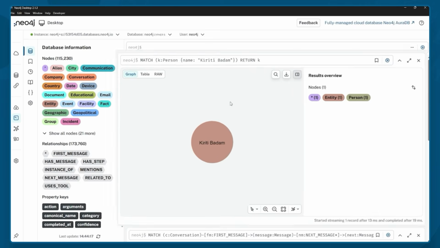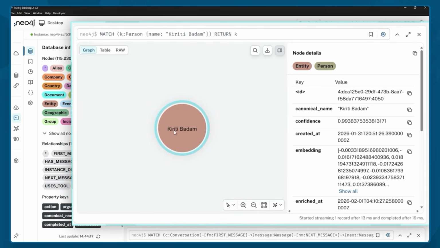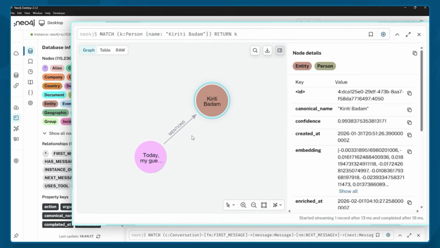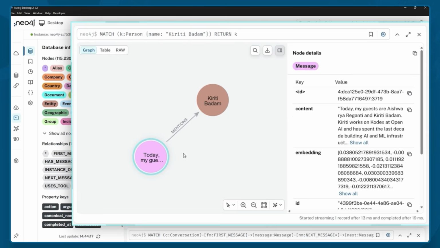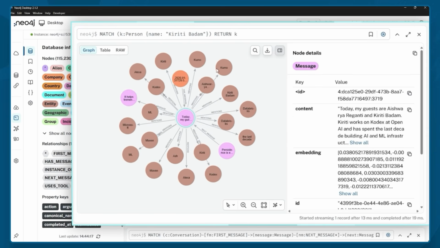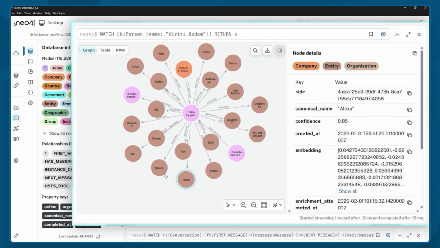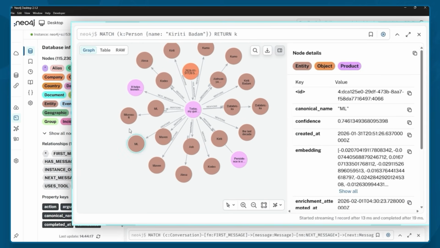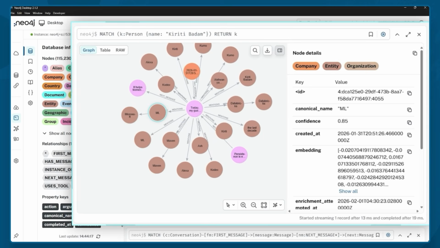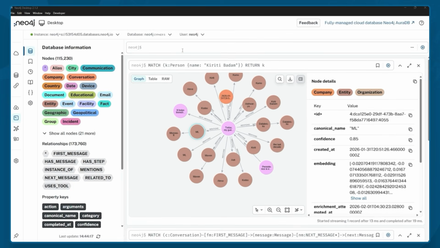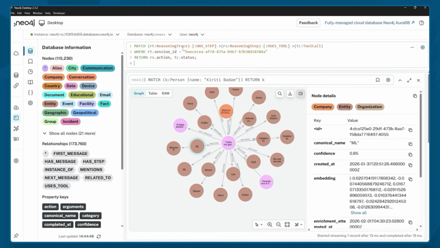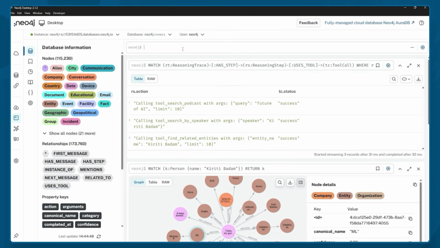If we find the entity that represents Kiriti and expand the relationship, we can see the message where Kiriti is mentioned and also the other relationships to other entities from that conversation. Now, the reasoning memory gives an auditable and traceable history showing what tools we used, the results, and the sequence of them.